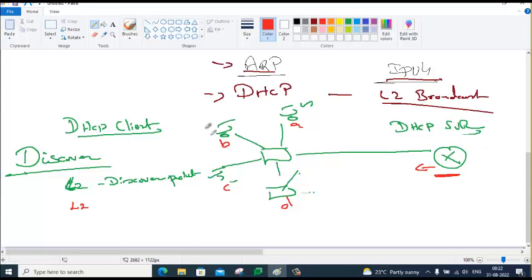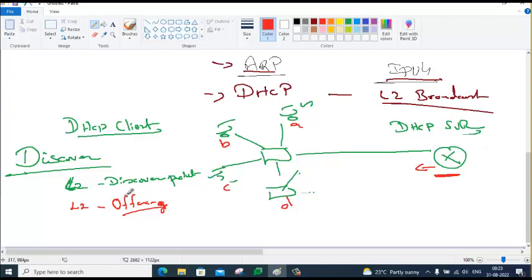Now, the server also does a layer 2 broadcast here, saying, I am offering my details. I am a DHCP server. These are my details. So it offers. The DHCP server offers. That offer should not misguide us. It's not offering an IP address that you asked for. Actually, you did not ask for an IP address.